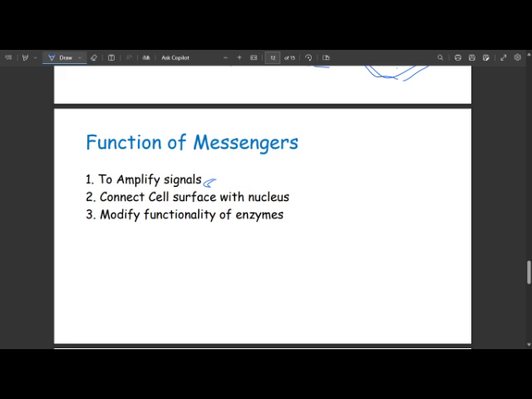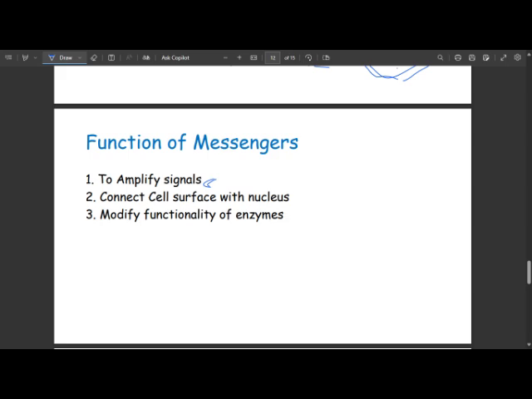So you amplify the signal so that you maintain high integrity of the information being transferred across these cells while using minimal resources for messages that are minimal, so to say.